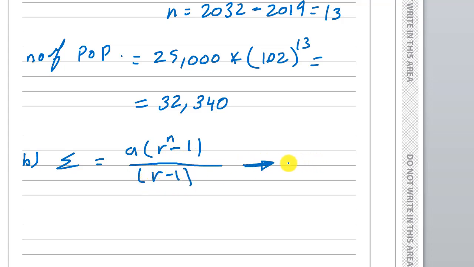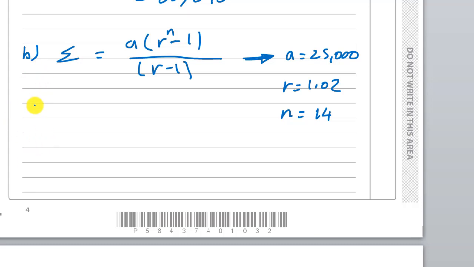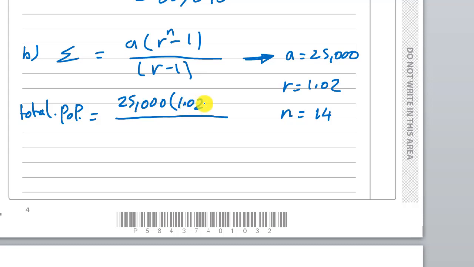The same situation, a equal to 25,000, r equal to 1.02, but here n is equal to 14. Why? Because I need the end of the year. So total population equal to 25,000 multiplied by (1.02 power 14 minus 1) divided by (1.02 minus 1).